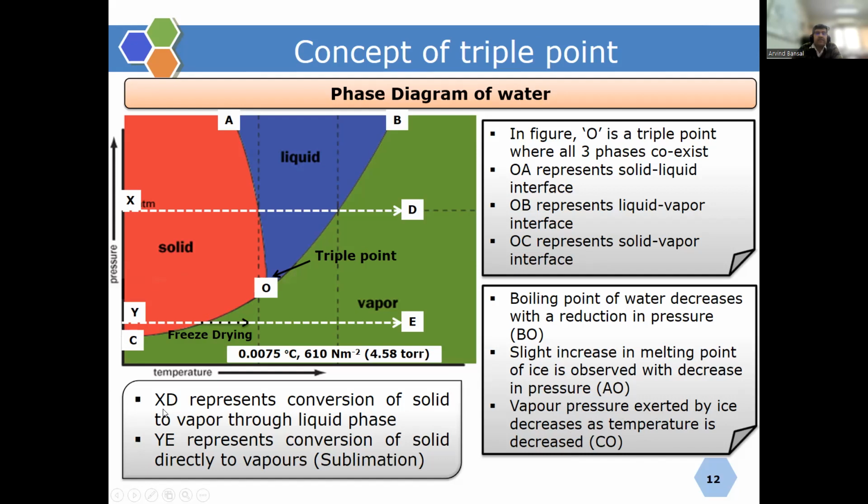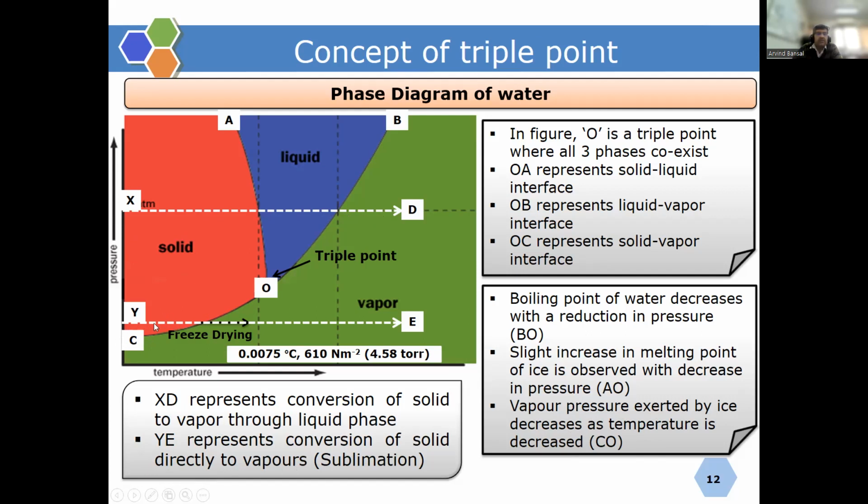This line XD represents conversion of solid to vapor through the liquid phase, which means if we have solid ice, it will first convert to liquid water and then it will convert to vapor phase. Whereas the YE line represents conversion of solid directly to vapor.